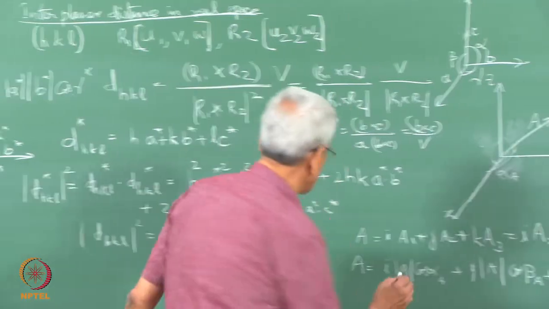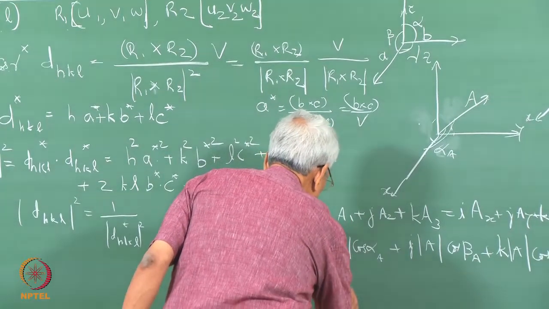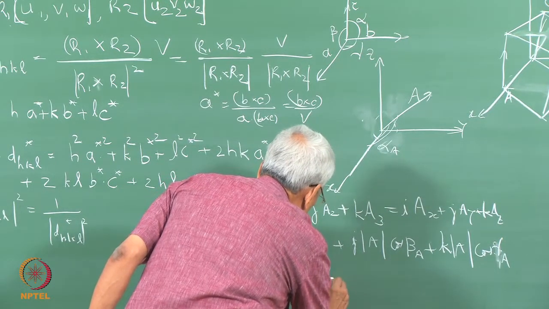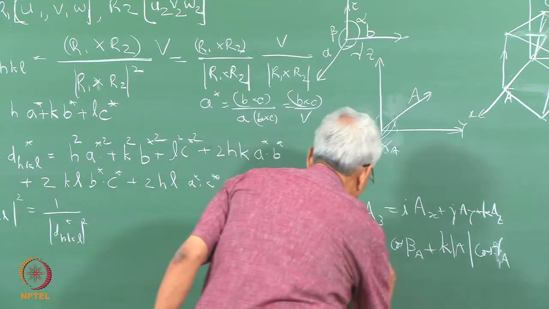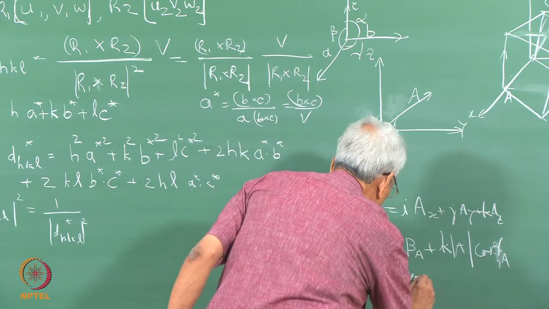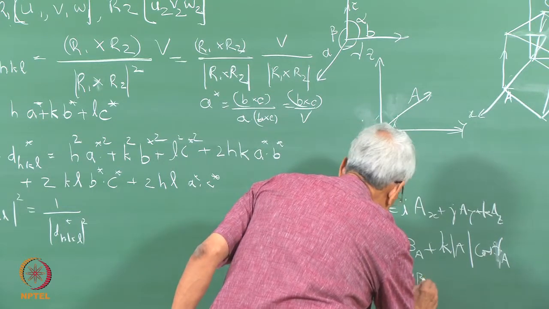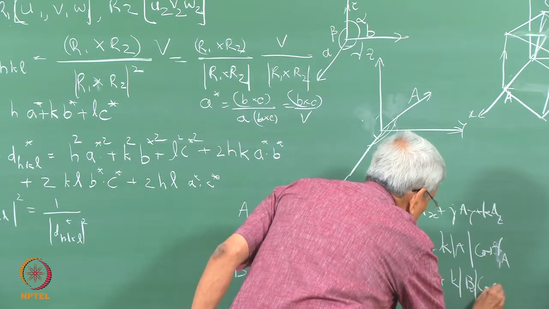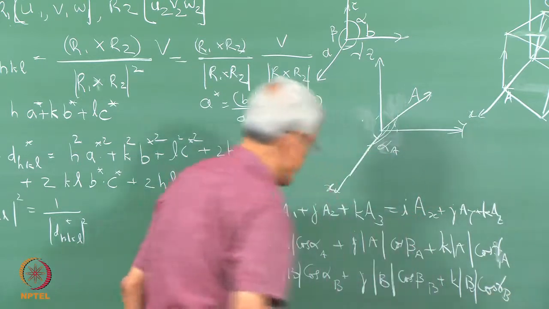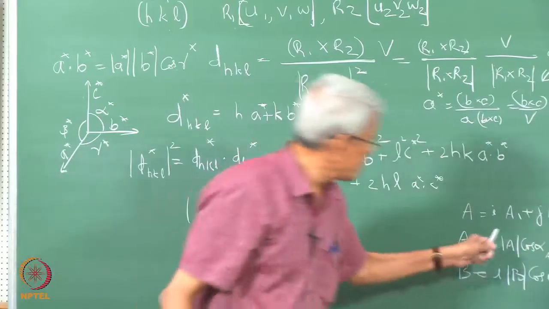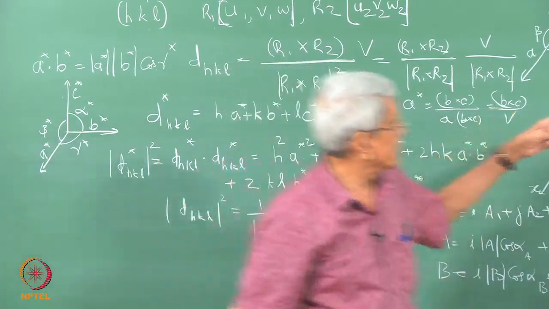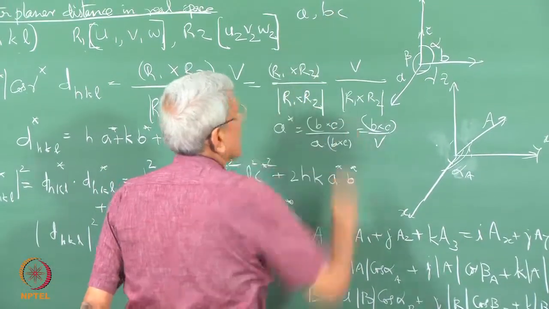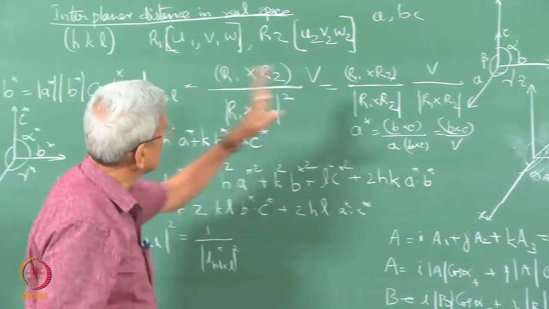Similarly, we can write an expression for B: i into B cos alpha B, j into B cos beta B, plus k into modulus of B cos gamma B. The modulus of A, B, C is essentially the magnitude of the translation vector, which we can assume to be A, B and C.